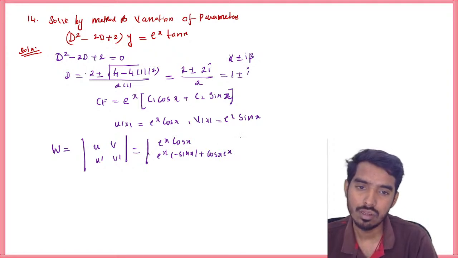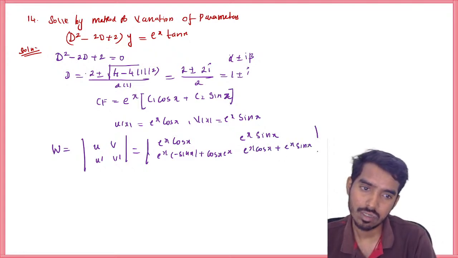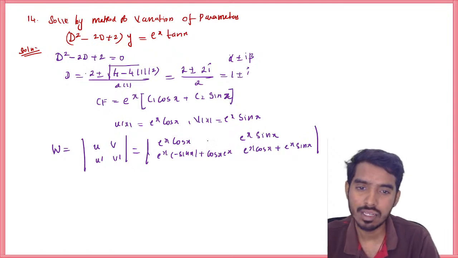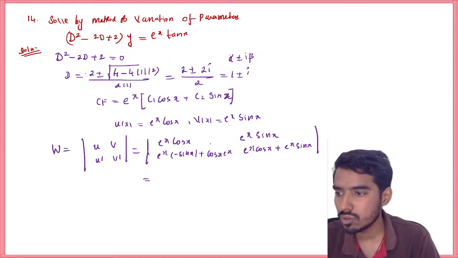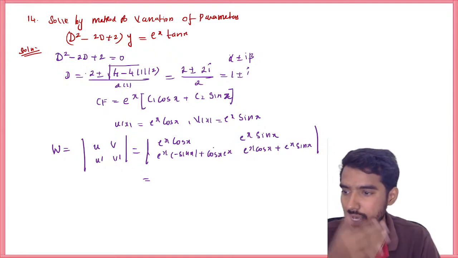Applying the product rule, we have e^x sin x, cos x, and the derivative of e^x is e^x. Cross multiply this, you will have e^x cos x, e^x cos x, e^x cos x. Simplify this.